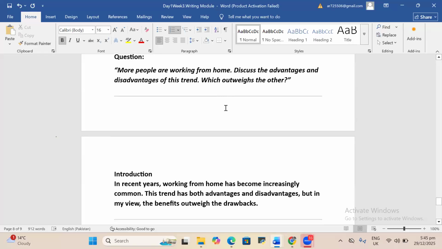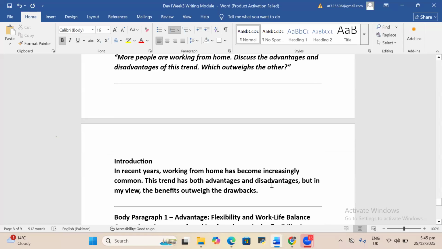So the first thing is to just paraphrase your question. What is your question? More people are working from home. So here: in recent years, working from home has become increasingly common. The second thing is that this trend has both advantages and disadvantages, but in my view, the benefits outweigh the drawbacks.